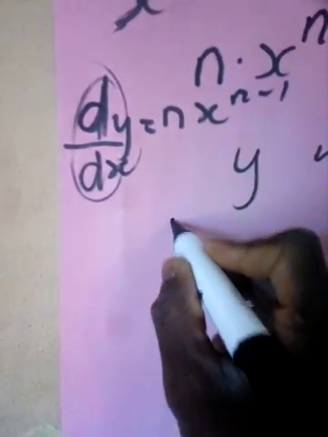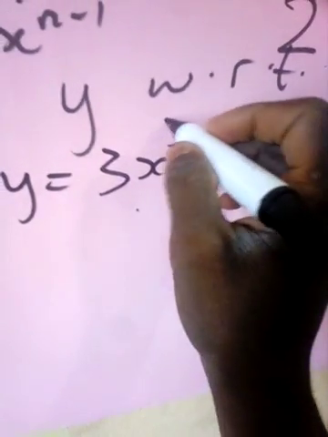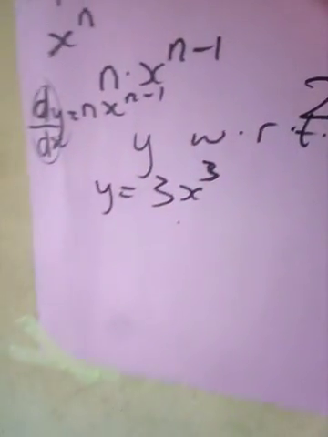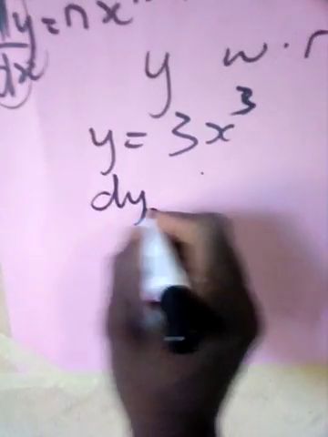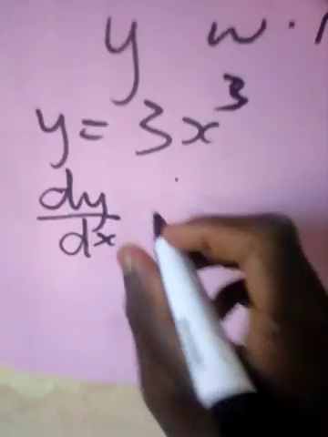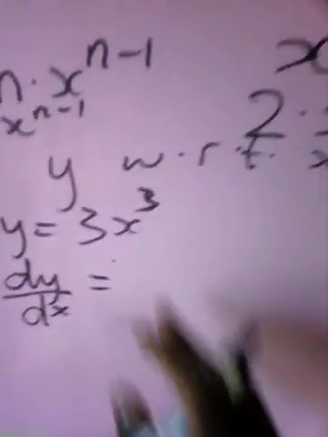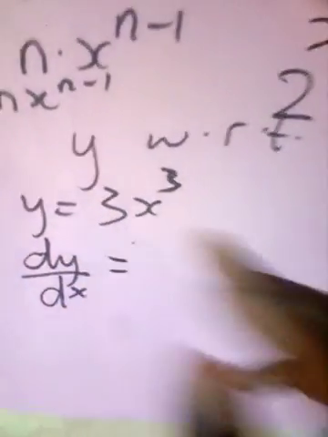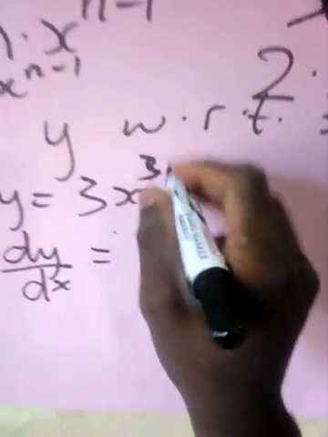Okay, let's make this a bit more complex. Assuming I am given y equals 3x cubed. Again, we use our normal power rule. So dy/dx, or I can say change in y over change in x, is equal to power come down, power go up minus 1. So the power here is 3.